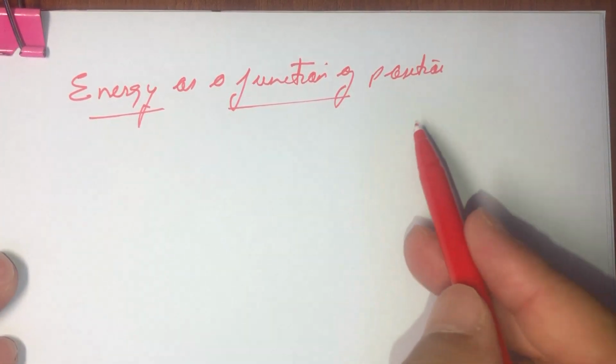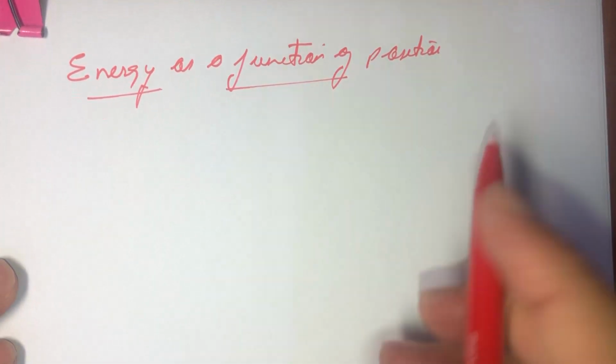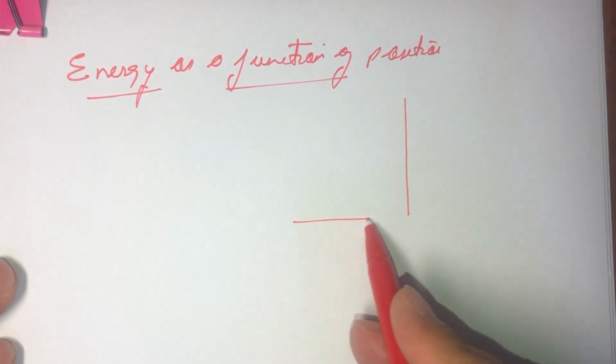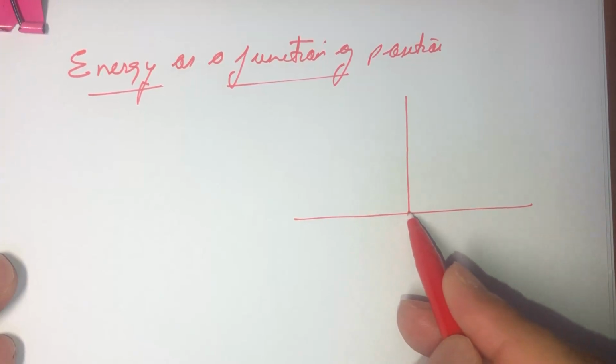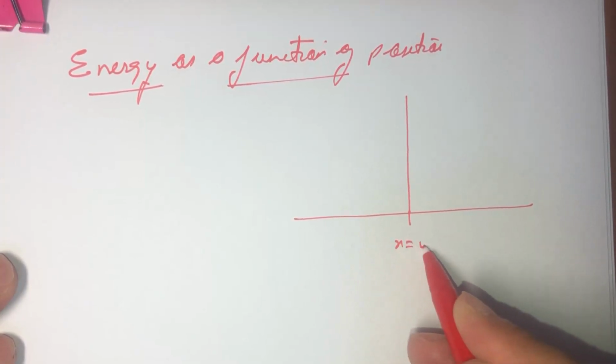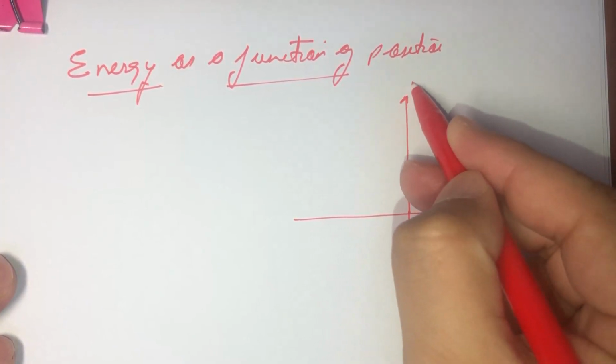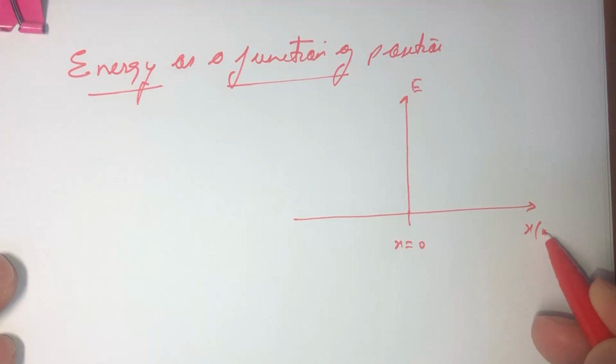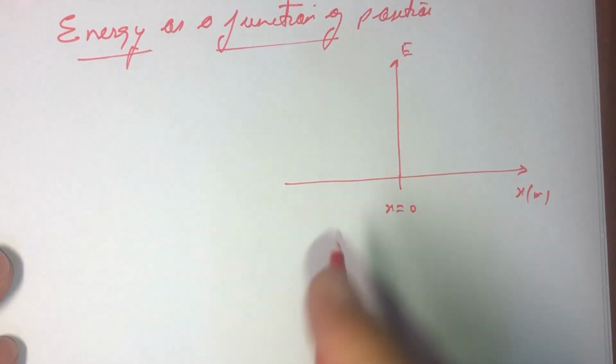And this is quite easy to plot. So this is your mean position, which is x equal to 0, and this is our energy, and this is our displacement x.